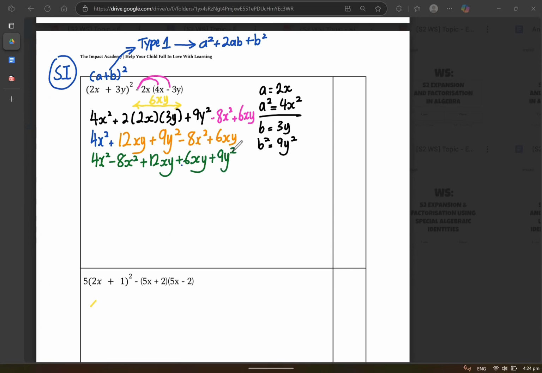So how am I going to do this? I'm going to show you the first group. 4 minus 8 is minus 4x squared. The second group that we have is 18xy. Finally, plus 9y squared. Understand? So when you expand, this is your answer for this question.